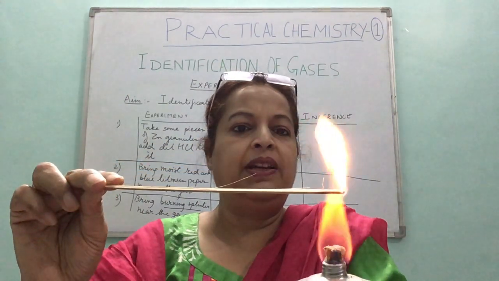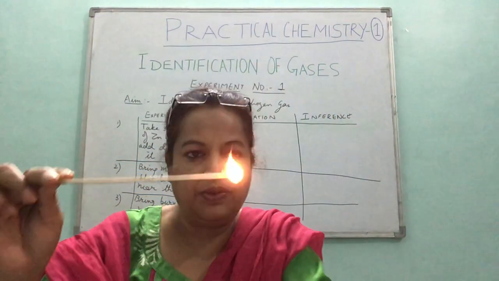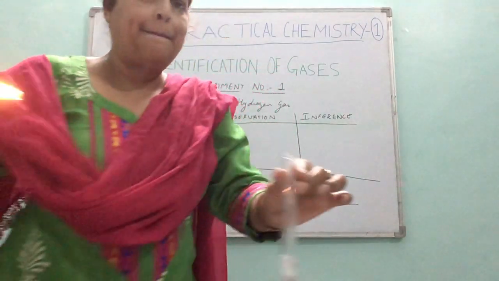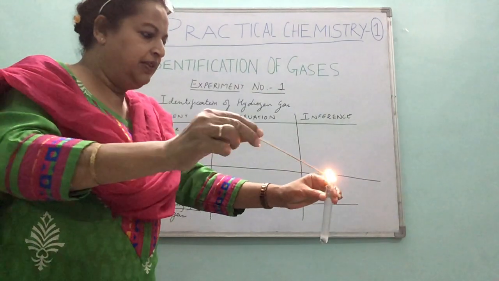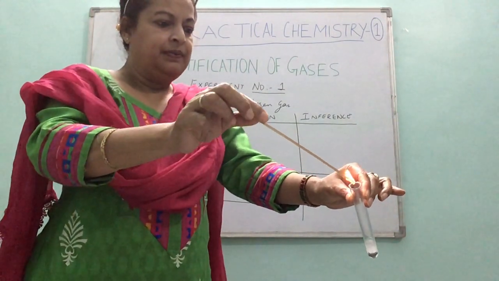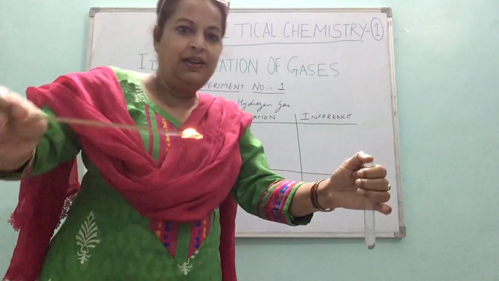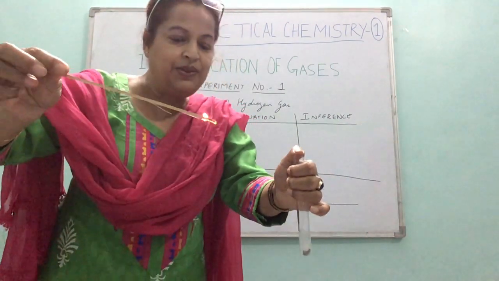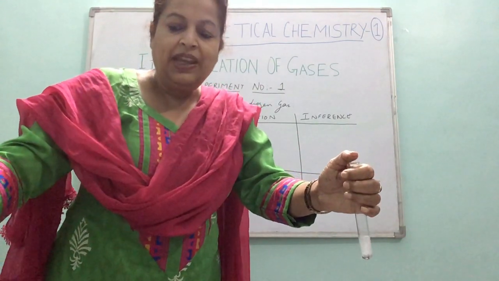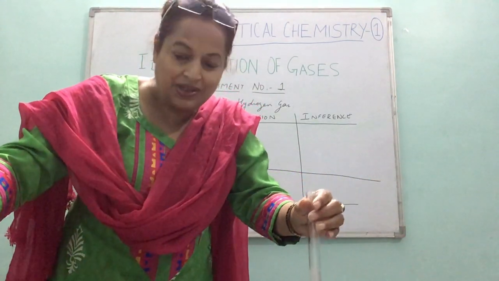We bring this burning splinter near the mouth of the test tube. We have to be a little careful. You will see. Can you hear the sound? Well, let more gas be added. This is the confirmatory test for hydrogen. When a burning splinter is brought near the mouth of the test tube, it burns with a pop sound.